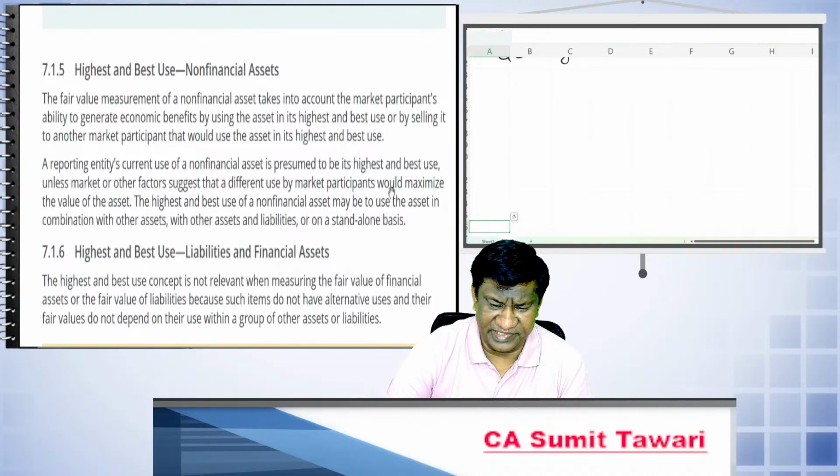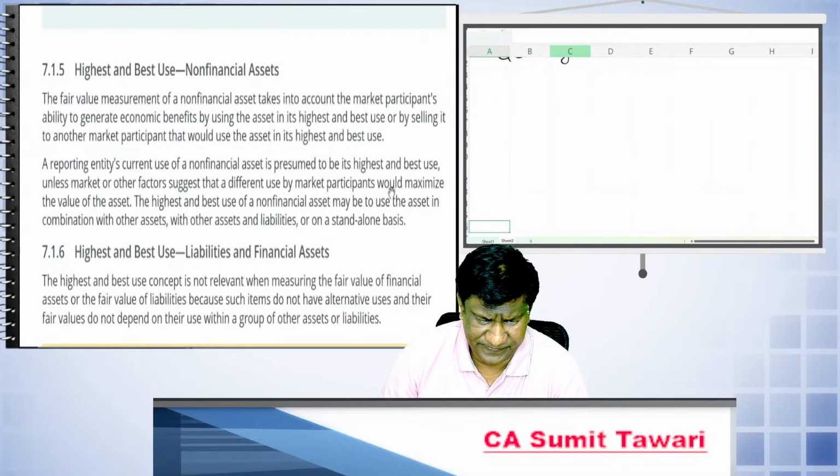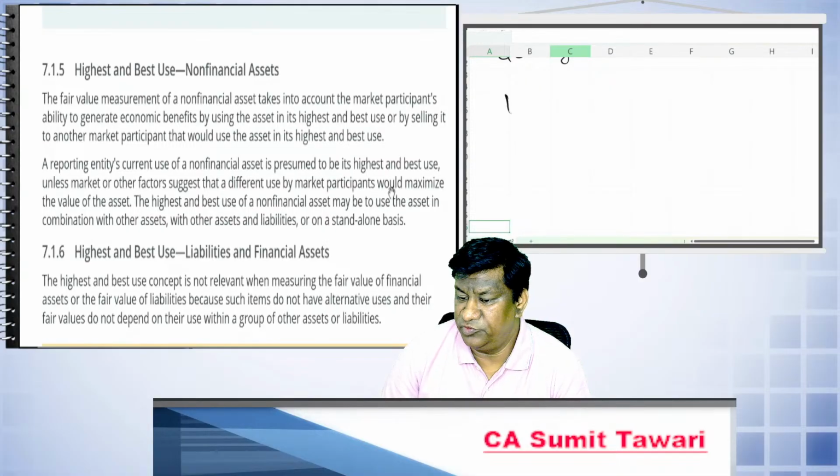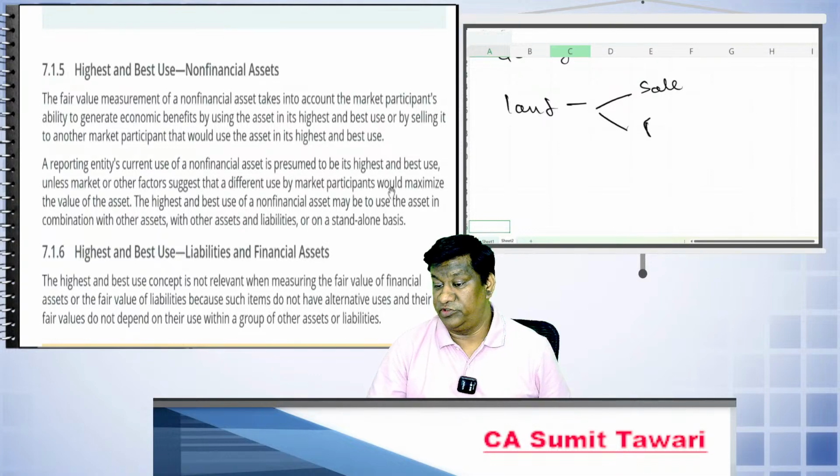Okay, I'll take an example so that you can understand. Say you have a land. You can either sell it as it is, or you can develop the plot and then sell.